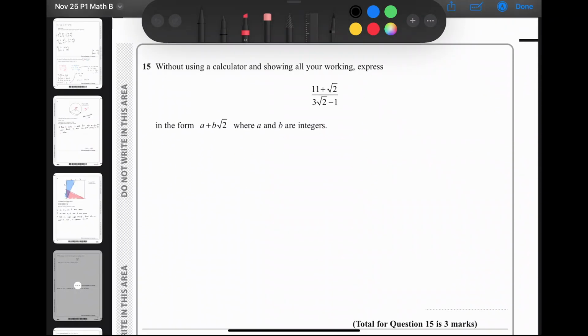For question 15, we are given this complex fraction that we need to show in this a-b form. For that, we can multiply the denominator with a plus modified to turn it into the a squared minus b squared formula and get rid of the root under the fraction.